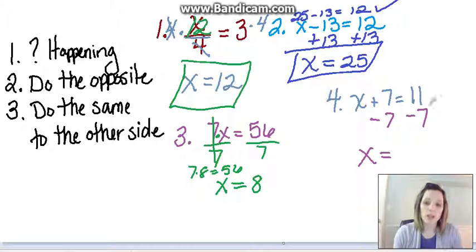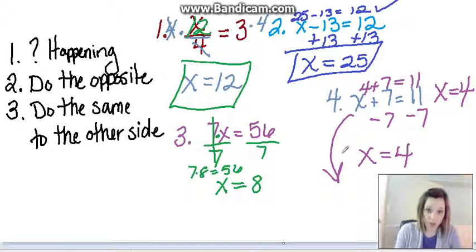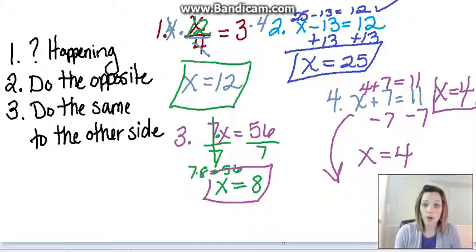And you get 11 minus 7 equals 4, and you can double check: x equals 4 right here. So 4 plus 7, is that going to give you 11? Yes, it is. So that was a review. You got all 4 of these. Hopefully you tried it before I went over it, and you got all 4 of them correct.